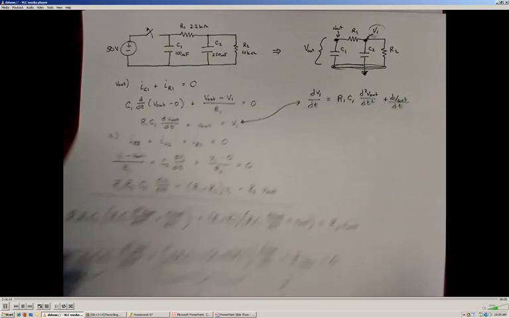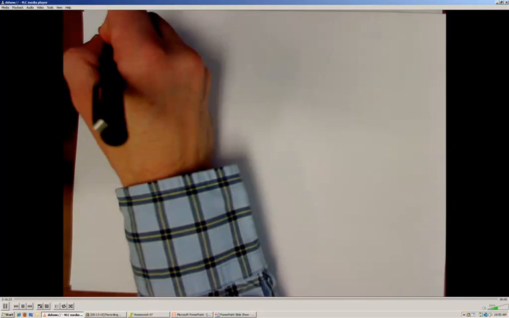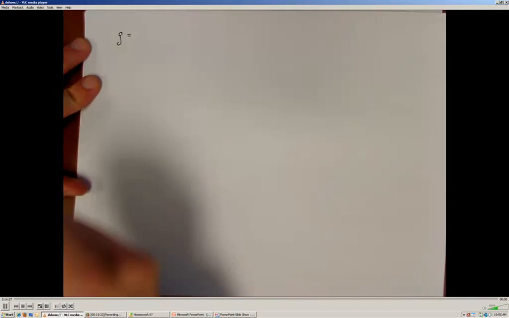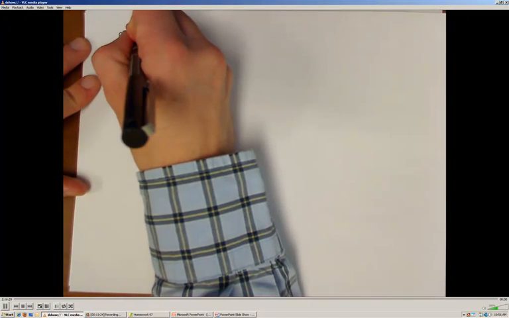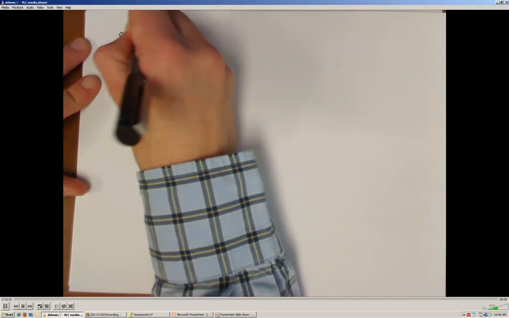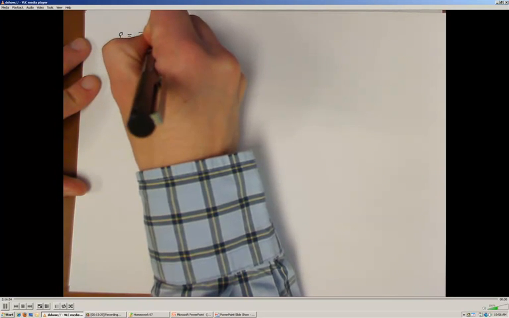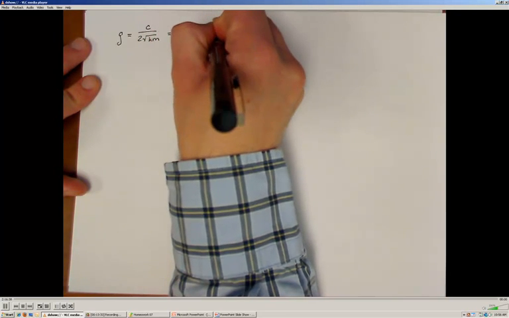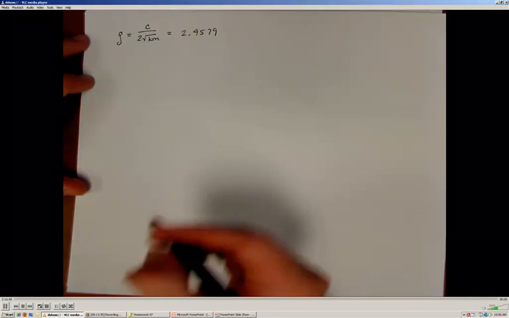Alright, so plugging those into my definition for the damping ratio, if I take C over 2 square root of Km, I wind up with 2.4579 for the damping ratio, which means the system is overdamped.